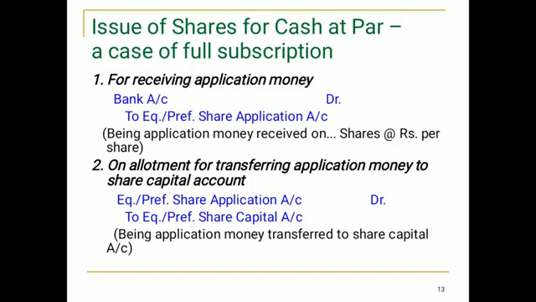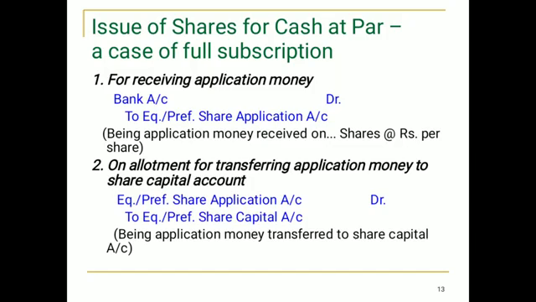This is how the 10 rupees are going to be collected in 4 installments. One can even reduce it but cannot increase it. Okay, so let us understand the journal entry for the first step, which is for receiving application money.